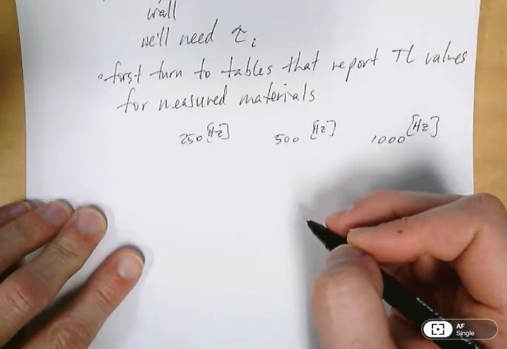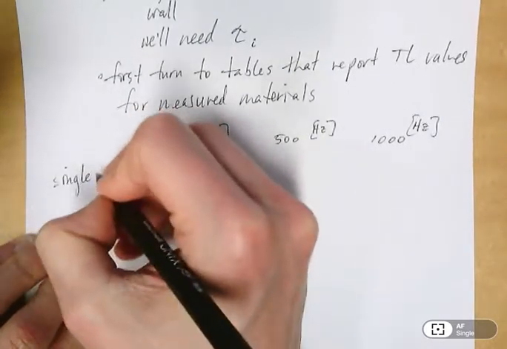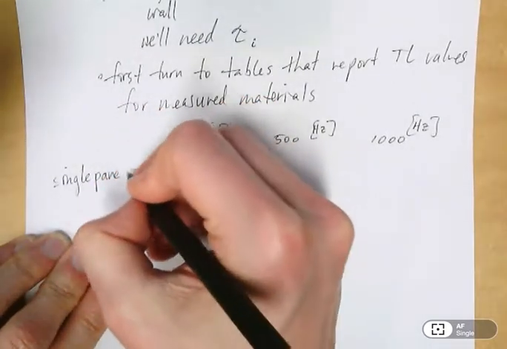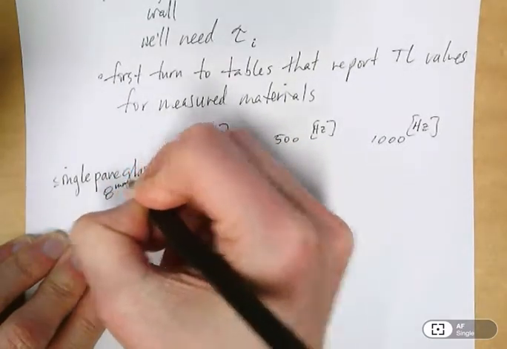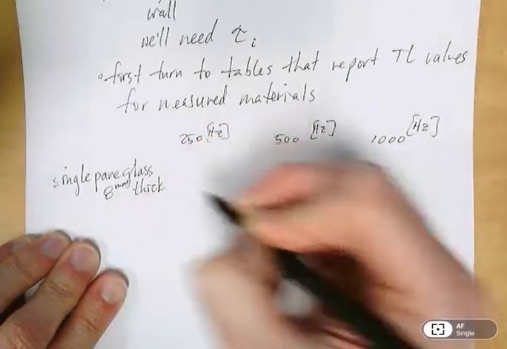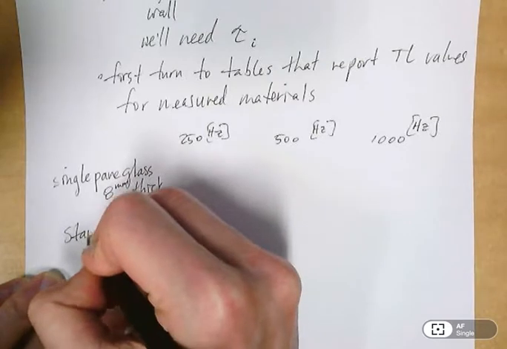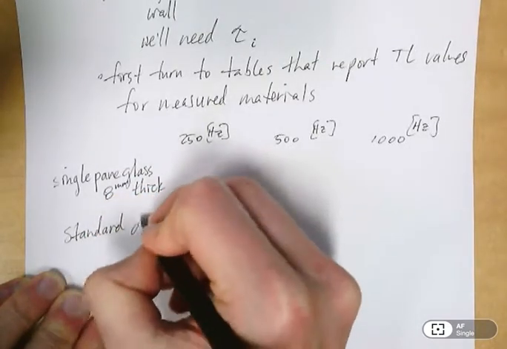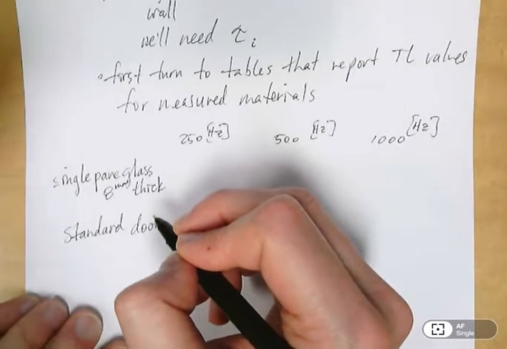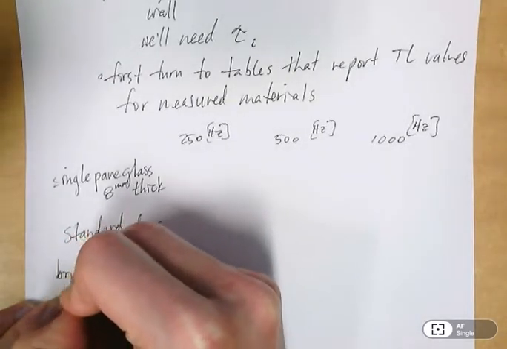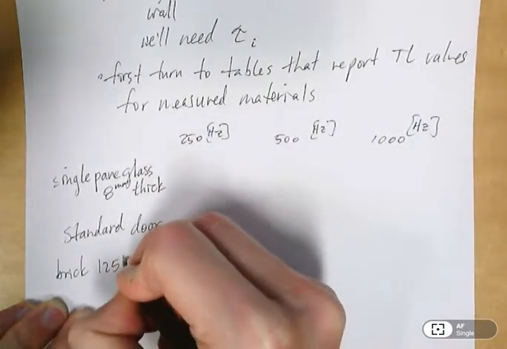We need to find specifically single pane glass, 8mm thick. We need standard door, and the single leaf brick of 125mm thick.